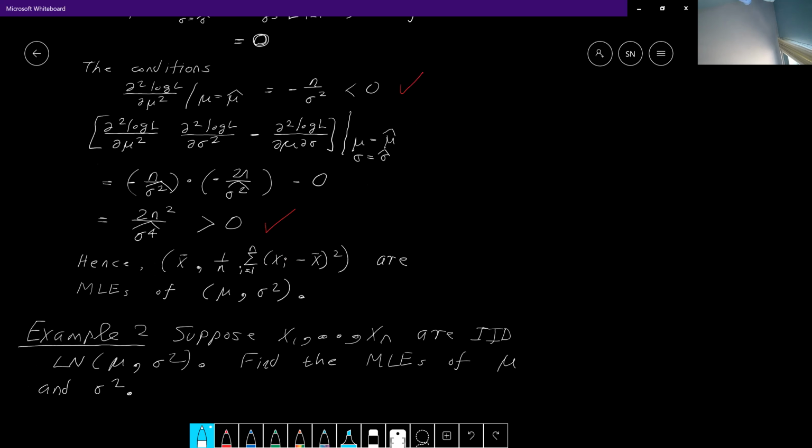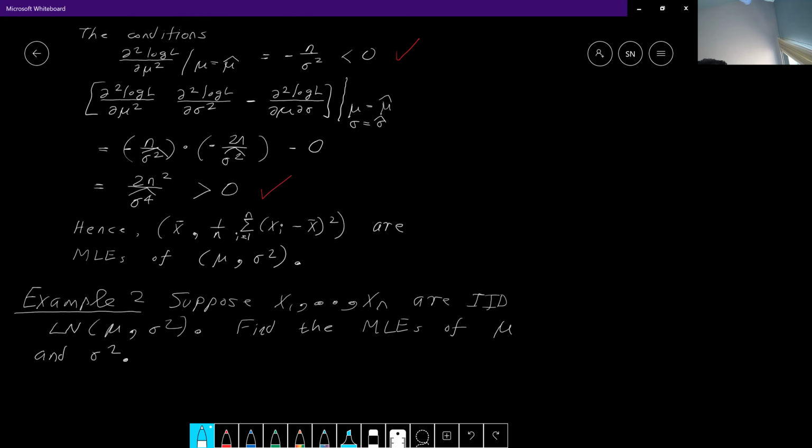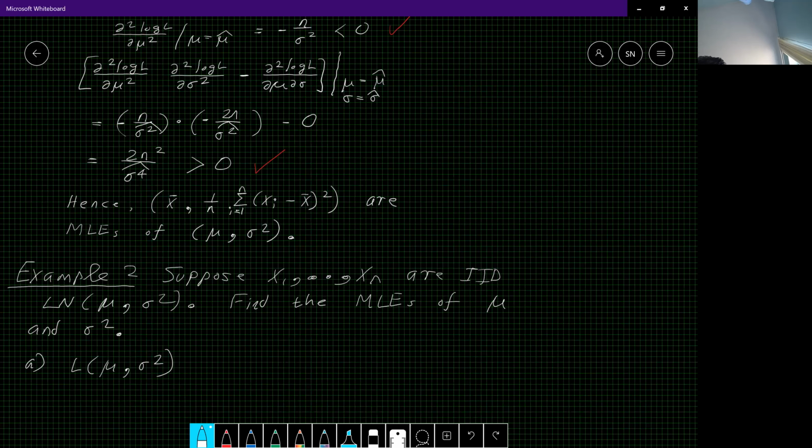Okay, so you have, this ln obviously stands for log normal distribution, right? This is similar to the first example I did. So the first part is to write down the likelihood function, which will be the product.